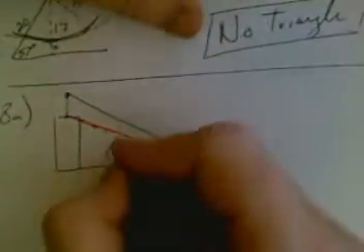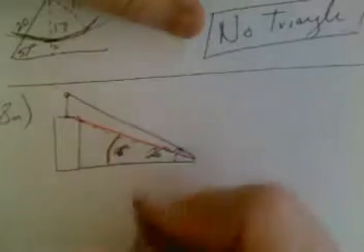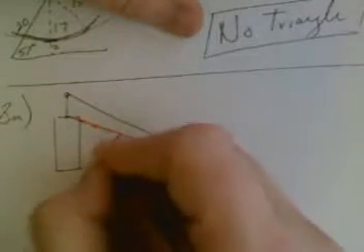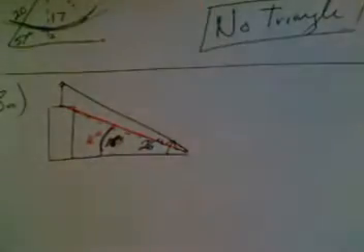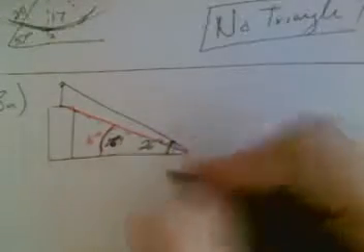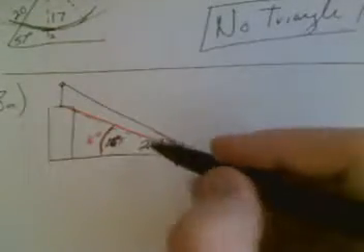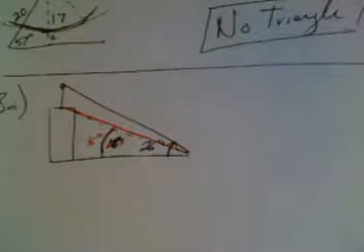The red angle is supposed to be 16 degrees. This whole big angle going up to the top of the antenna is 26 degrees. Now, this is a radio antenna 85 feet high located on the top of an office building.